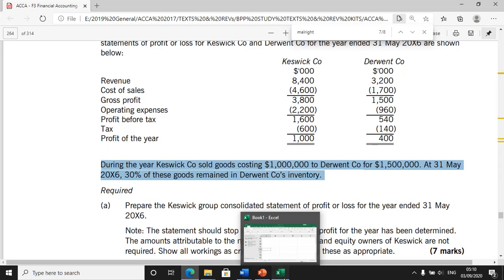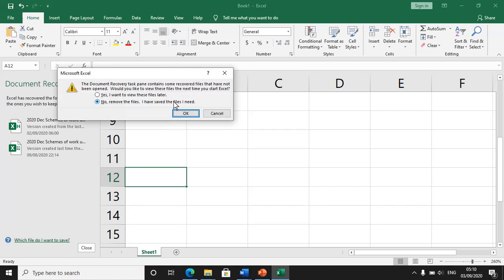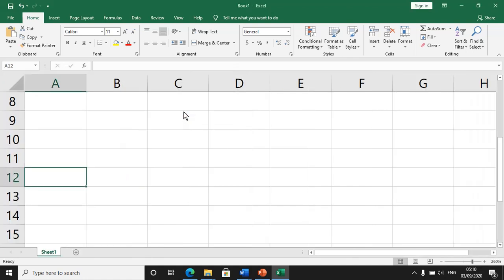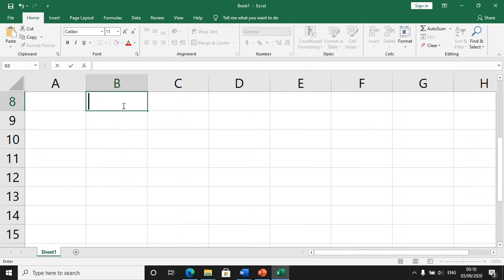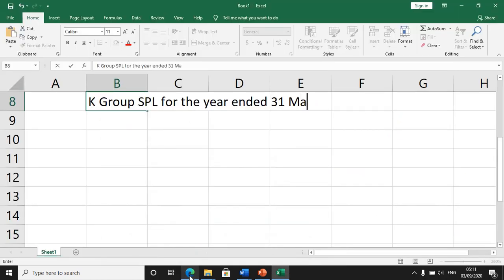Group accounts should not be as difficult as people report it to be at this stage of your studies, because what you're doing is basic group. So I'm going to write something. Keswick Group statement of profit or loss for the year ended 31st May X6.